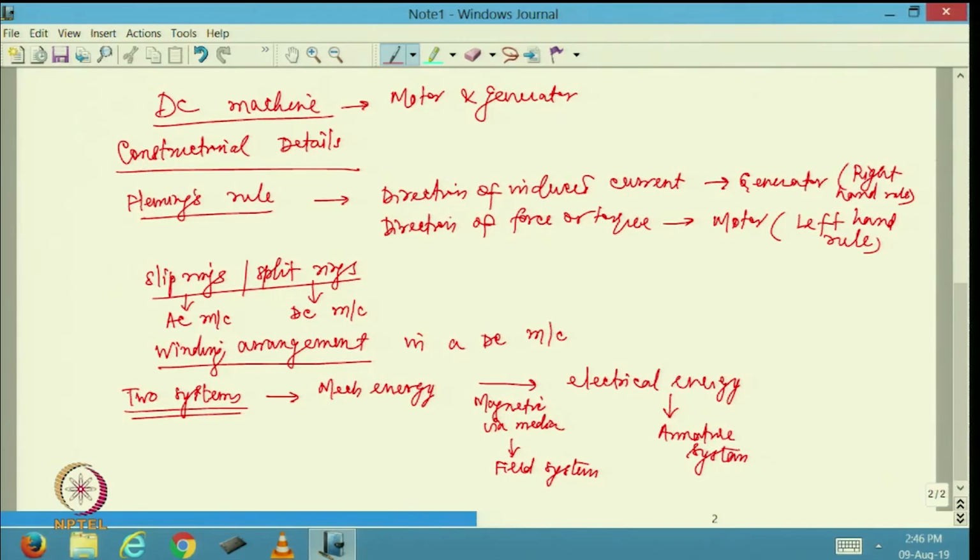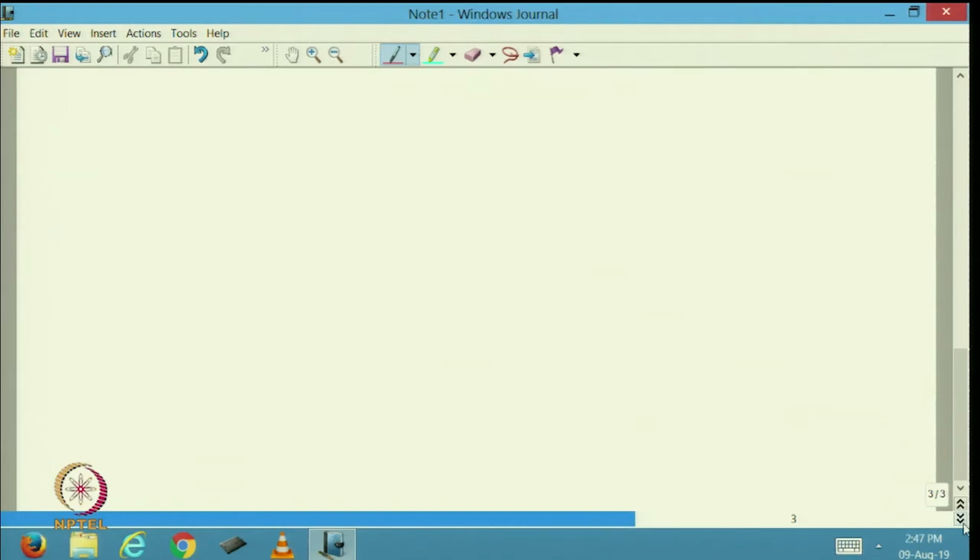In a DC machine, field is located in the stator, whereas the armature system is located in the rotor. So, stator is going to have the field and armature will be housed in the rotor. This is what is generally the DC machine structure.